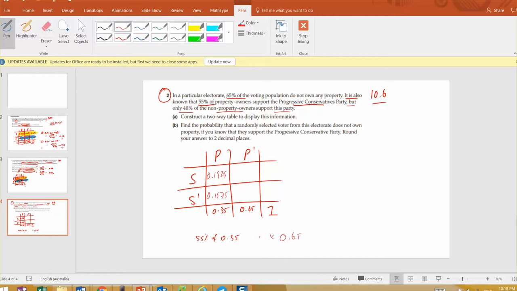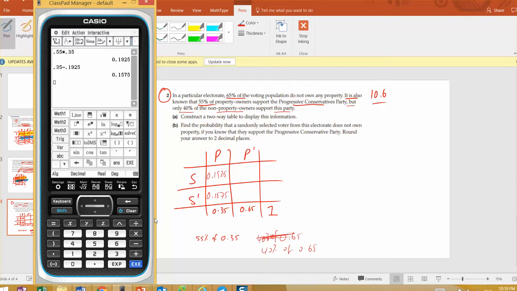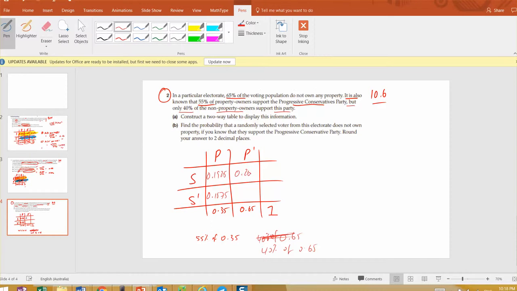So 40% of 0.65, let's work that out: 0.4 times 0.65 is 0.26. Okay, so that's 0.26 out of the 0.65 who support the party, the non-property owners.